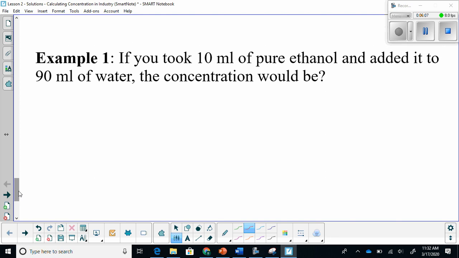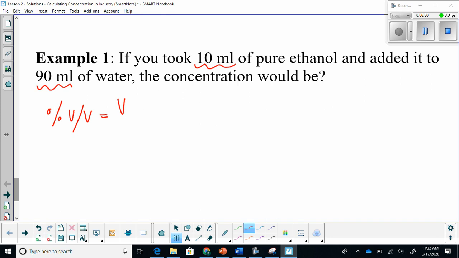Example 1 says if you took 10 milliliters of pure ethanol and added it to 90 milliliters of water, what would the concentration be? So we're using our formula, percent volume to volume. I know it's volume to volume because I am working with volumes here. Milliliters is a way to measure volume.